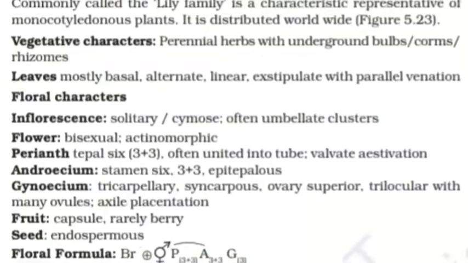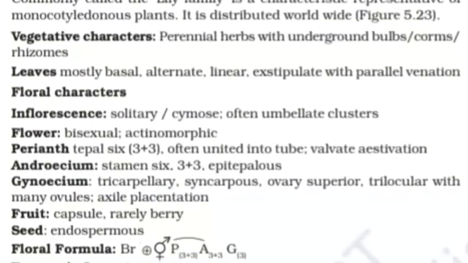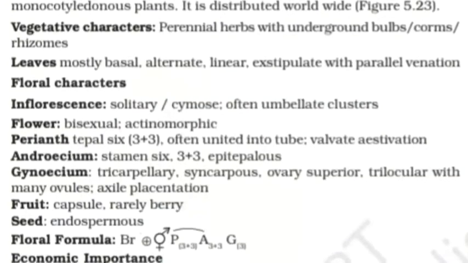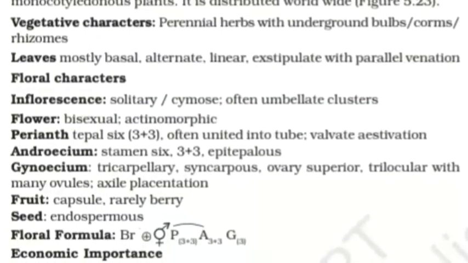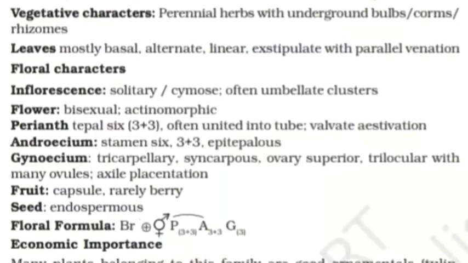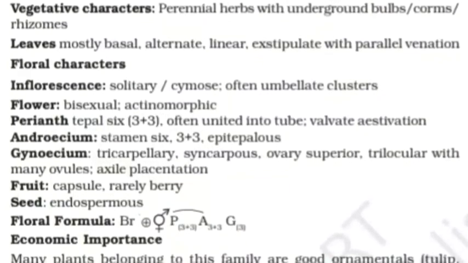Flower bisexual, actinomorphic, perianth tepals 6, 3 plus 3, often united into a tube, valvate aestivation. Androecium stamens 6, 3 plus 3, epipetalous.